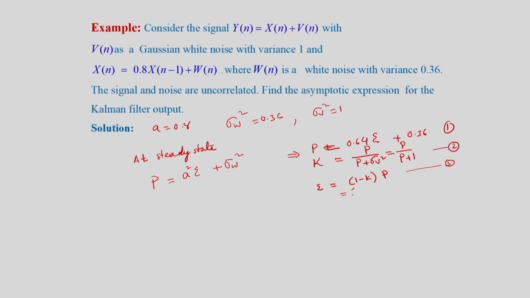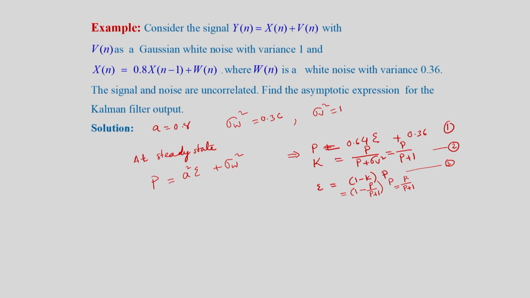So 1 minus K is 1 by P plus 1, into P. So this is simply equal to P by P plus 1. So epsilon, the mean square estimation error, is equal to P by P plus 1.